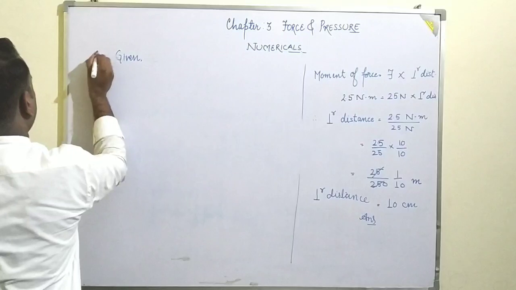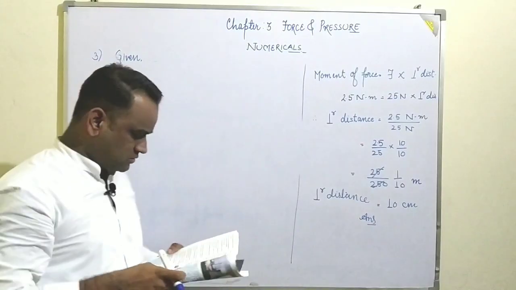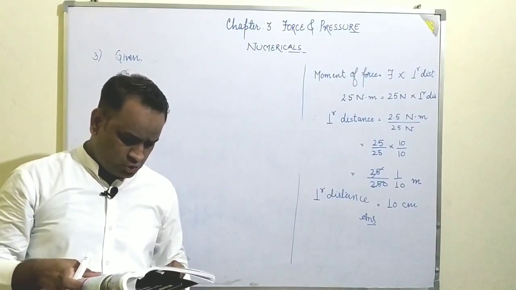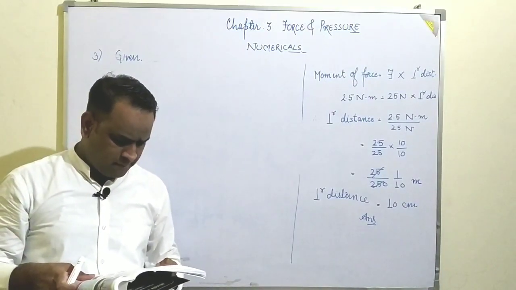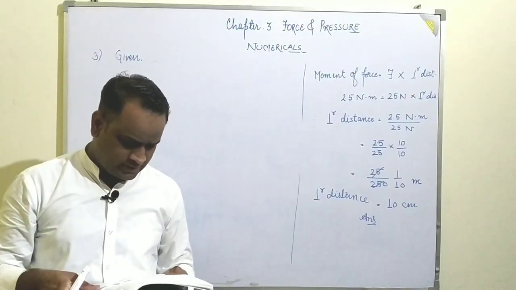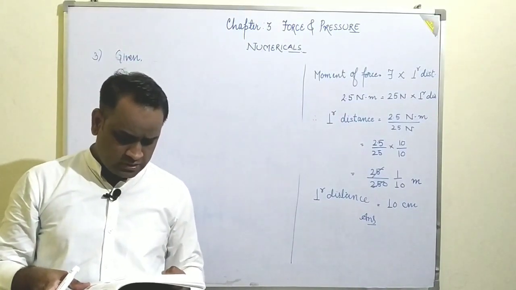Question number 3 says that a spanner of length 10 centimeter is used to unscrew a nut by applying a minimum force of 5 Newton. Calculate the moment of force required.